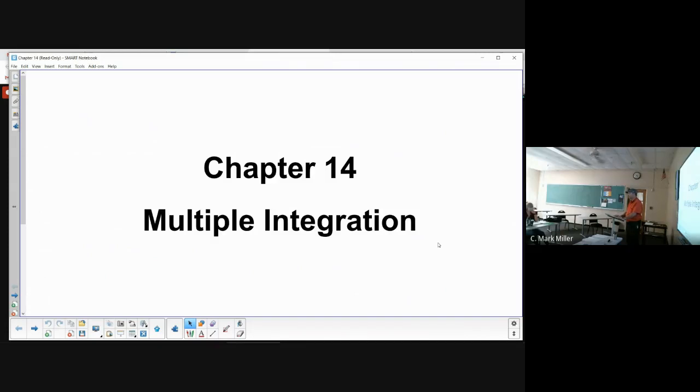Chapter 2 was derivatives, chapter 3 was applications of derivatives. So chapter 13 was the multivariable version of those two. This is going to be the multivariable version of chapters 4, 5, 7, 8.